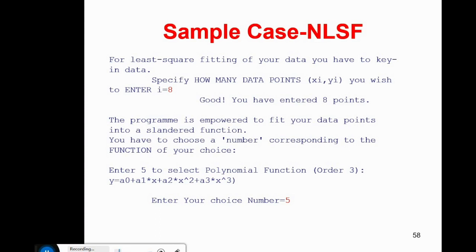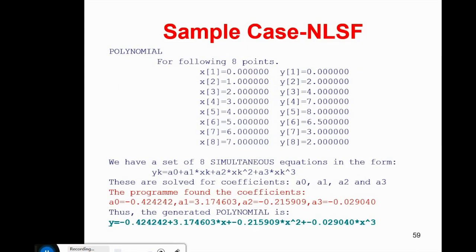Another example for polynomial fitting I have considered. So you can key in 5 data points to plot a polynomial of third order. Minimum 4 data points are required to find out 4 constants. So 5 is also okay. If your number of data points is quite large, the fitting will be a better one. So here the arbitrarily generated data points are like this.